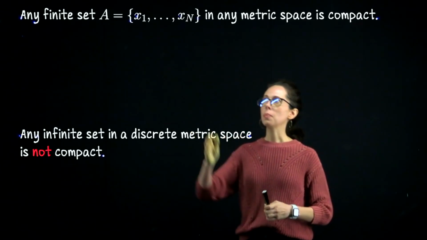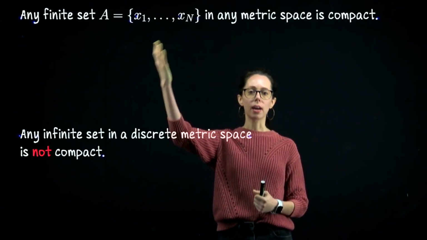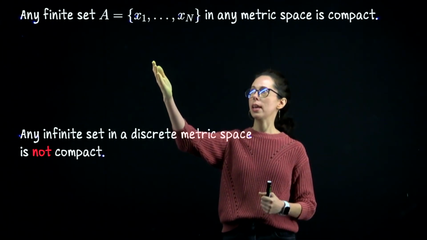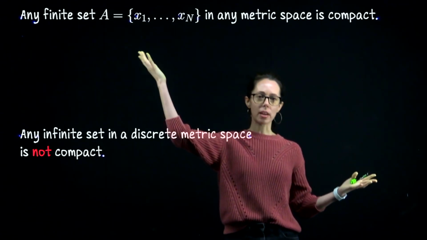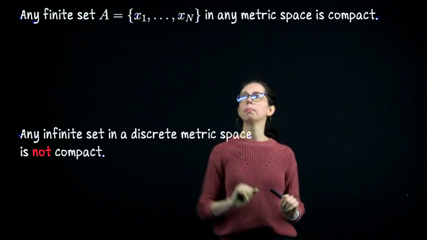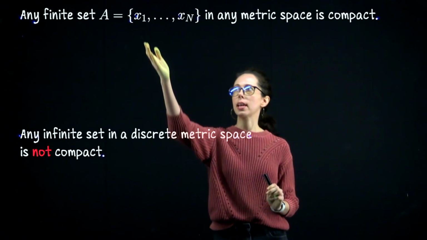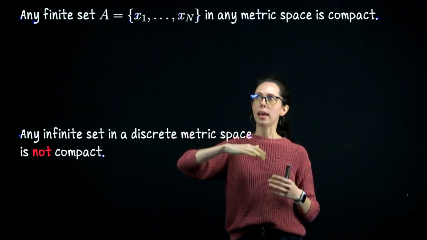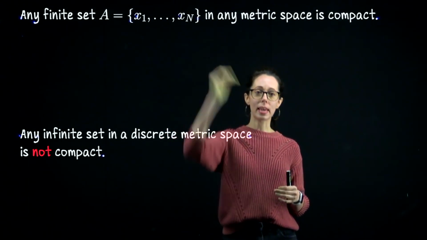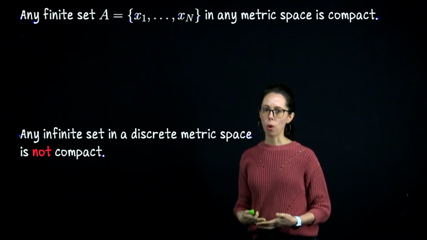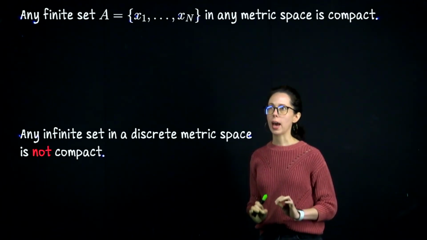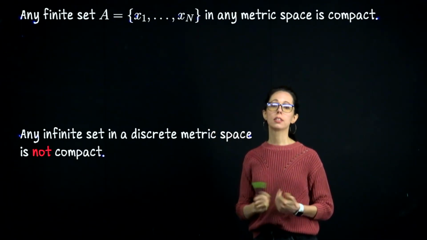Every single element in this finite set must be covered. So what you do is you just say, okay, pick a set that covers x sub 1. Maybe it covers the rest of it, but let's just cover x sub 1. Then pick a set that covers x sub 2. Then pick a set that covers all the way through x sub N. So you might end up picking a set more than once, but you need no more than capital N sets, one for each of these, to create a finite subcover.